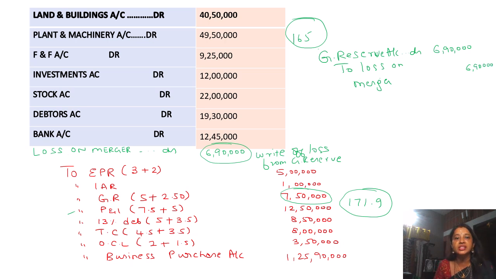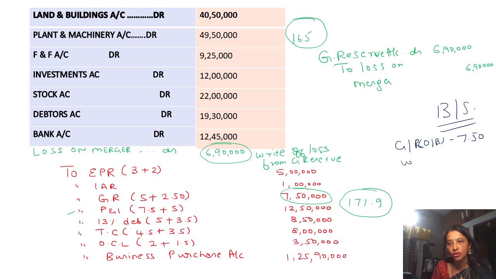Now how much is left in the general reserve? How will you show it in the balance sheet? In the balance sheet, you had an opening general reserve balance of 7,50,000. But you utilized 6,90,000 to write off loss on merger.